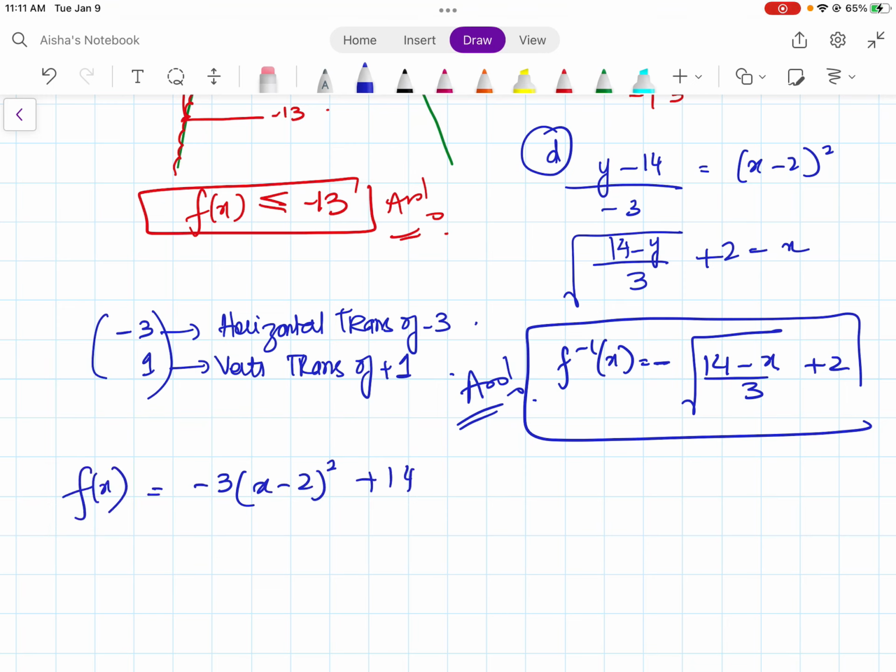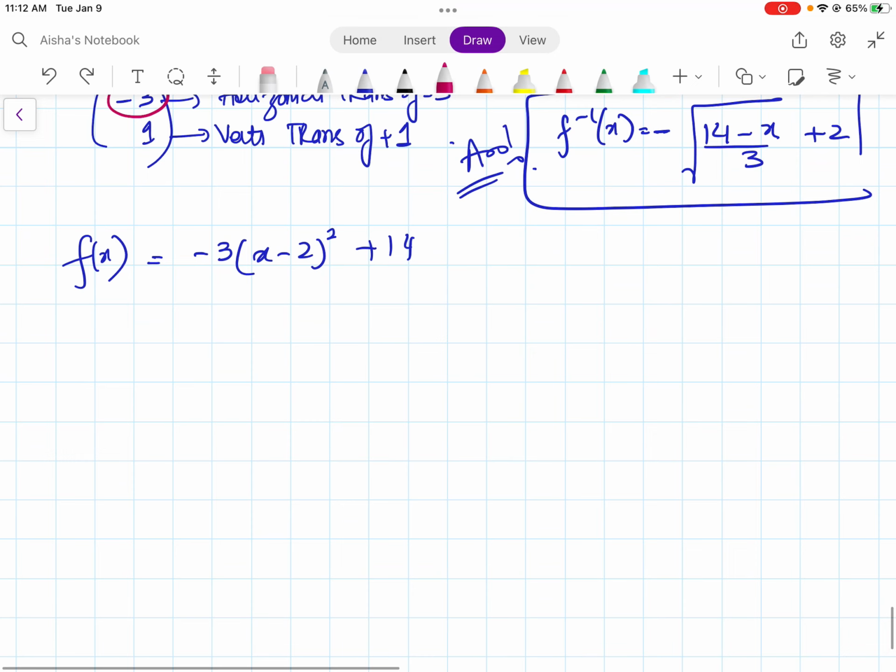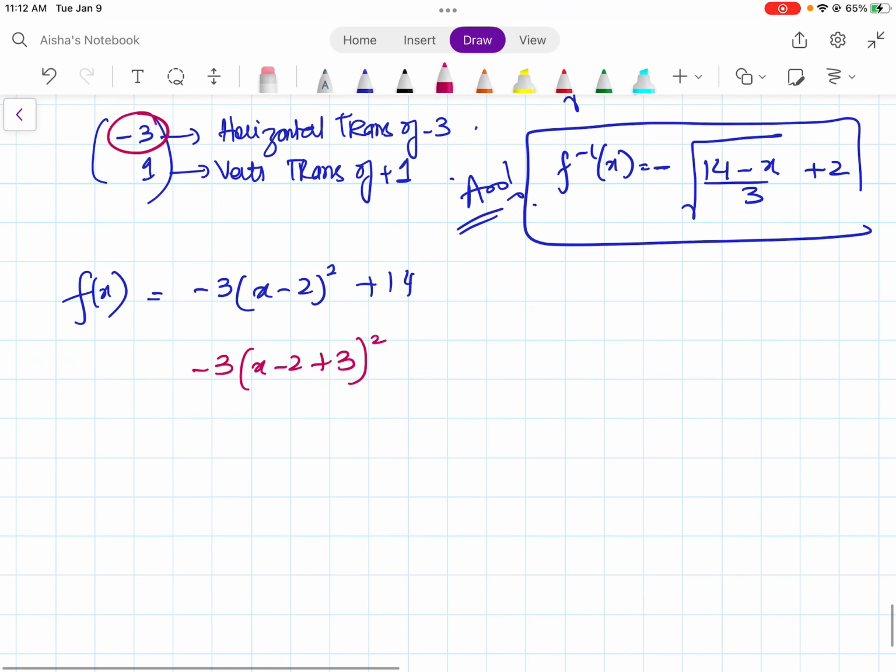This is f of x. A horizontal translation is indicated inside with a plus sign. So it will become this. A vertical translation goes outside. They're saying you have to write it as an expanded form.